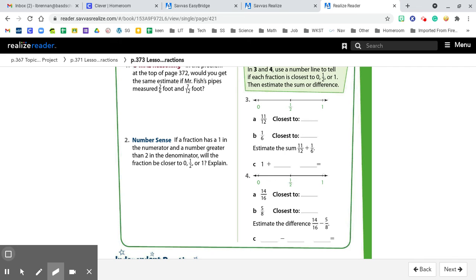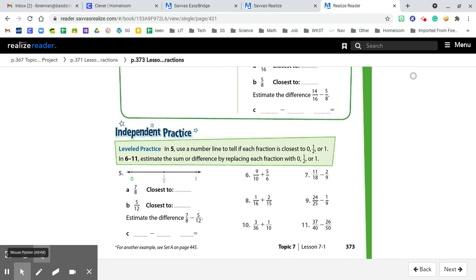All right, we have a couple problems here in the independent practice. I want to go through them real quickly because I know a lot of kids forgot a lot of this from last year. So 7/8 is very close to 8/8, which is a whole.